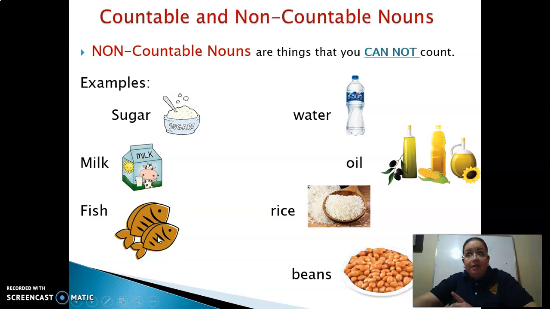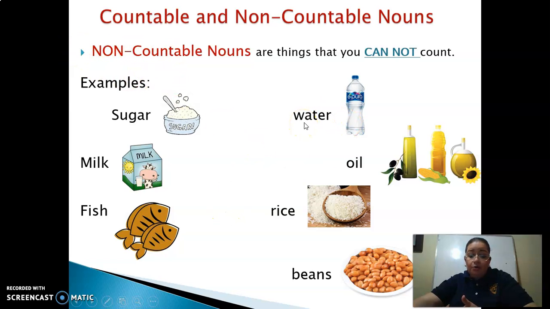Fish. Fish is an irregular noun, which means that it should be taken as non-countable. If you say a fish, yes, you have 1 fish, but if you say 2 fish, you don't use a plural form. It's an irregular noun, so you keep it as fish, and it's in the category of non-countable nouns.